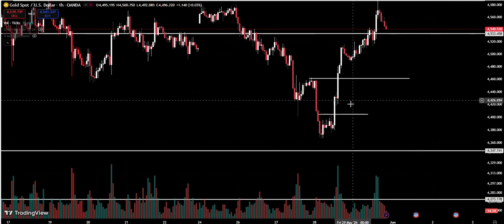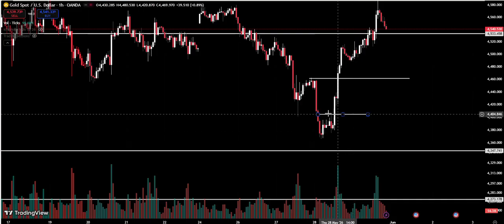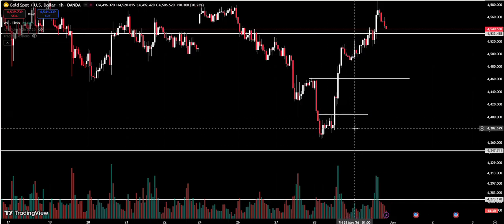Yes, whenever the market is changing its character from sell side to buy side or buy side to sell side, eventually what we expect is for it to come back and tap or retest that exact zone, which is the market structure shifting zone.